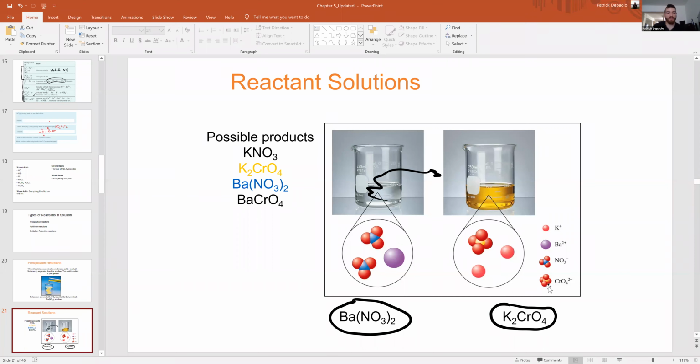Now, sometimes if you have a reaction, I'm glad you asked this question. If you have a reaction that does not form a precipitate or does not have an insoluble ionic compound that forms, it's simply known as no reaction.